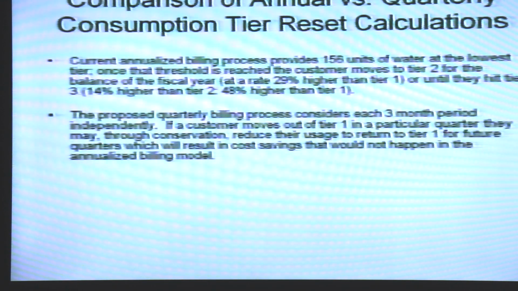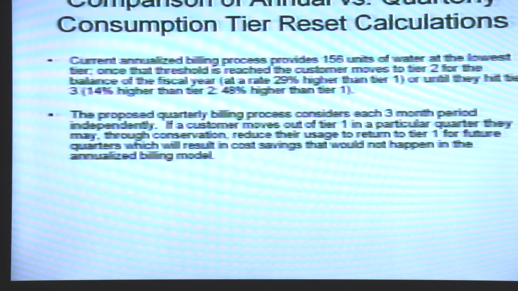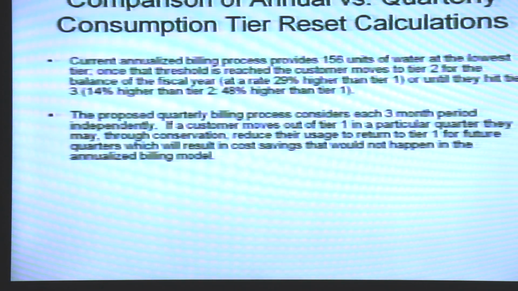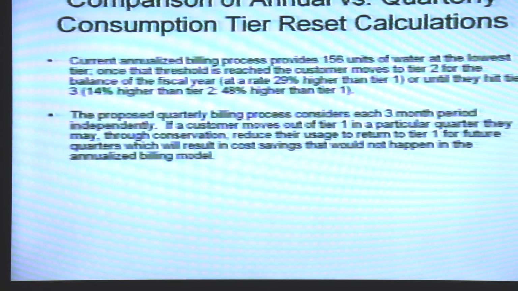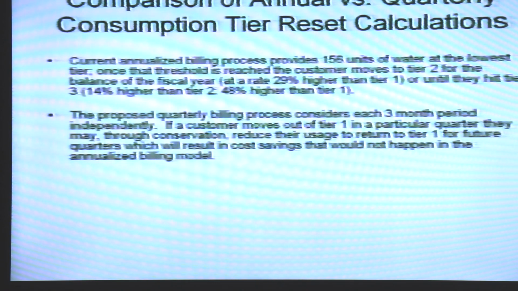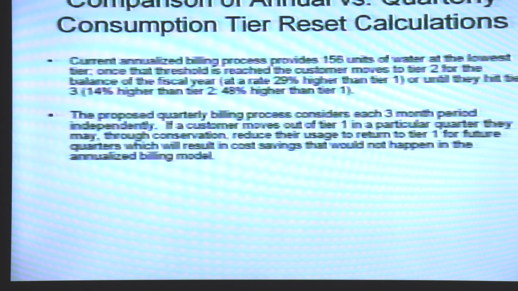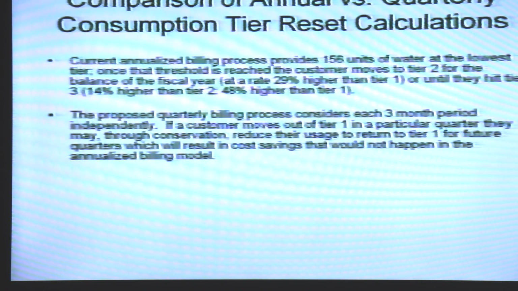The proposed quarterly billing process considers each 3-month period independently. If a customer moves out of Tier 1 in a particular quarter, they may, through their own conservation, reduce their usage back to Tier 1 for the future quarters, and that will save them money that they wouldn't be saving in an annualized model.